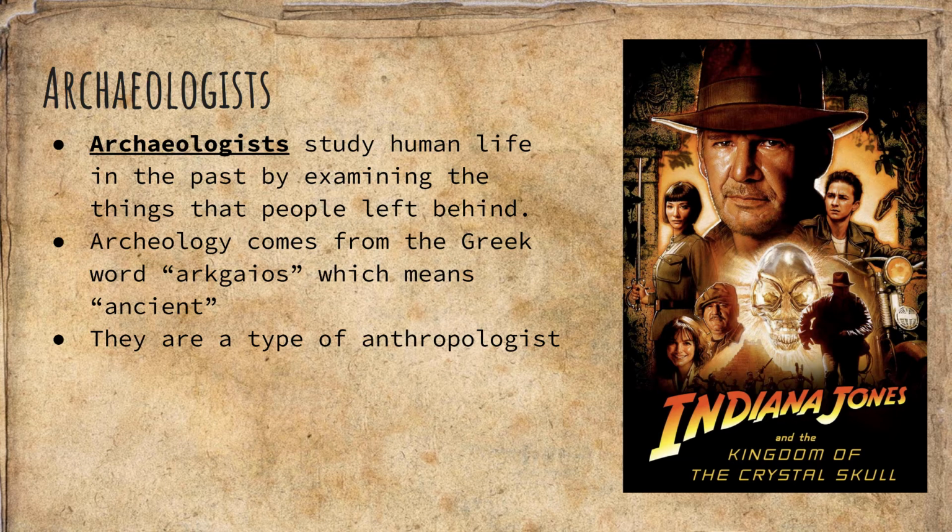Archaeology comes from the Greek word archaeos, which means ancient. There are all types of anthropologists, but we won't get into those. But I really want you to understand that there are different types of anthropologists, and because they analyze how human beings behave and they look at those objects, they are considered a type of anthropologist.